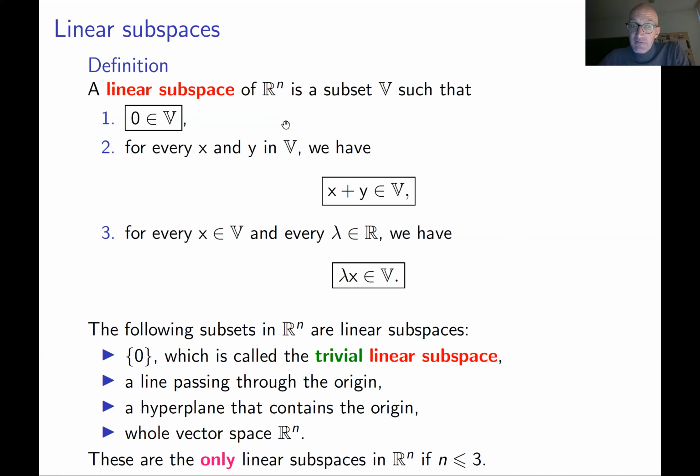One can check, and we will check this later, that for two-dimensional or three-dimensional space, these are the only examples of linear subspaces. Also, sometimes linear subspaces in this course will be called vector subspaces.